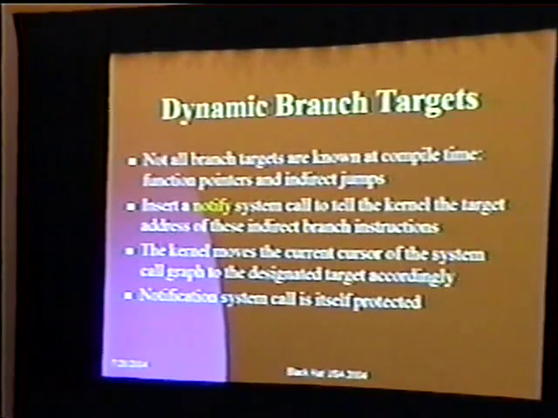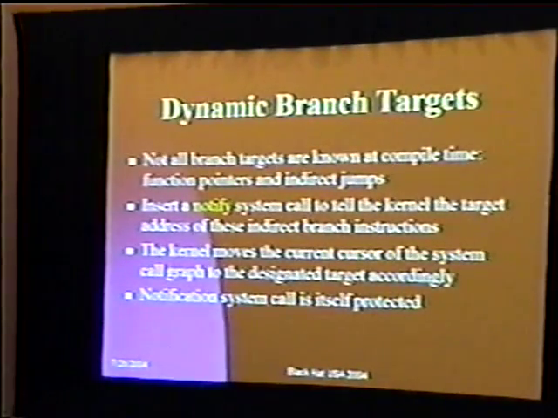If I know that I don't know, at least I can insert a notify system call to tell the runtime checker that, hey, this particular indirect call's target is actually this at runtime. So this notify system call is to tell the runtime checker that I know that at compile time you don't know, but now I'm giving you the actual value of the target address of this indirect call, right? So that's how we solve this problem.